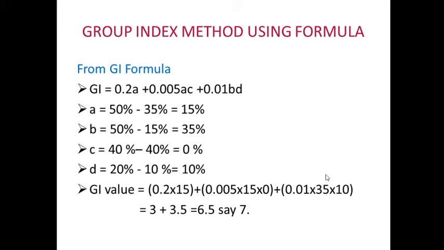So D is equal to 20% minus 10%, as we discussed D can be 10 and not more than 30. D becomes 10. Then by using this formula, the group index is 6.5, say 7. This is one of the methods for finding the group index using the design formula.